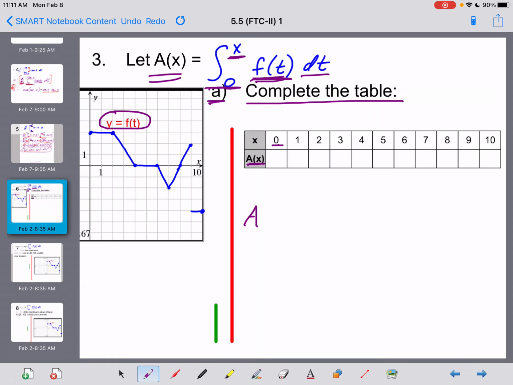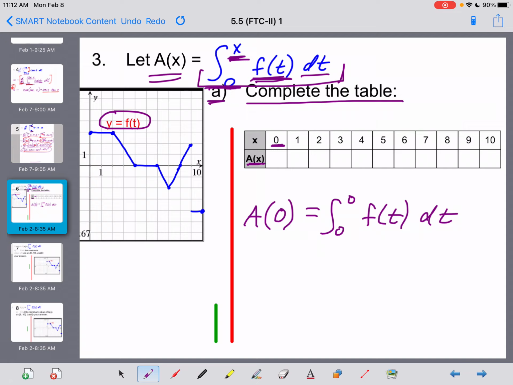So again, I won't always write this out, but just for starters, A of 0 means that I take this function right here and I replace that x with a 0. So this becomes the integral from 0 to 0 of f of t dt. Now, I'm hoping you don't have to think real hard about this one. This is a property from 5.2 that we learned called the same limit property.